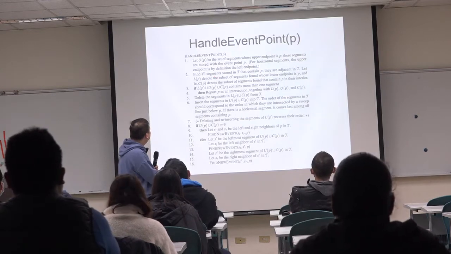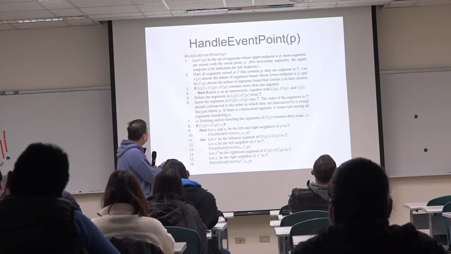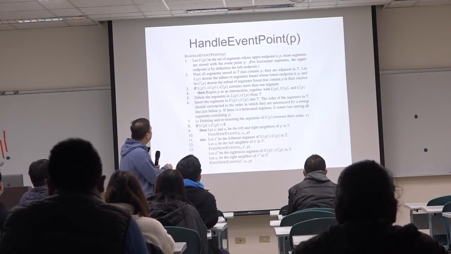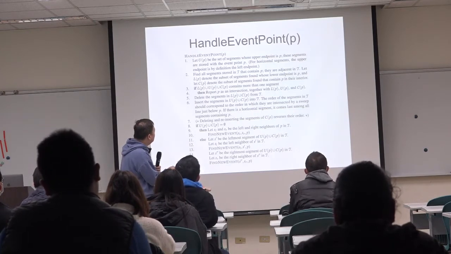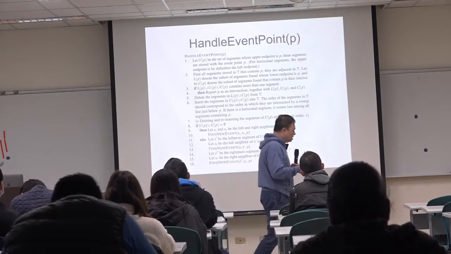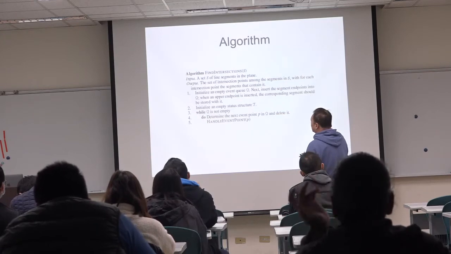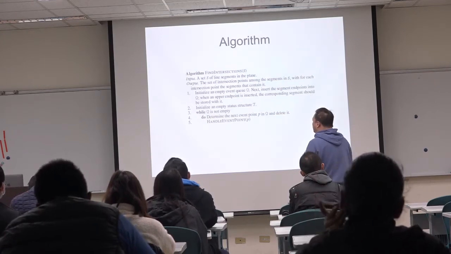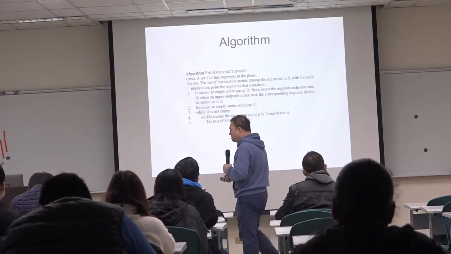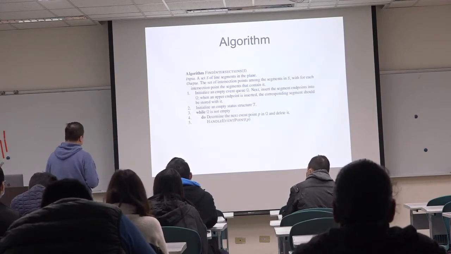The UP is very easy to find, because the segments are stored with the event point P. When we put the event point in the queue, in this data structure, we also associate this point with the segment that provides this event point.